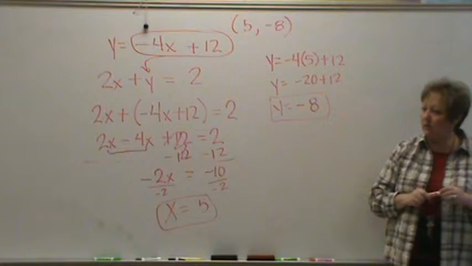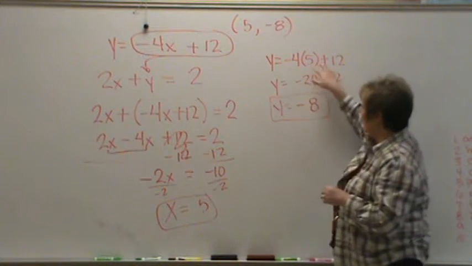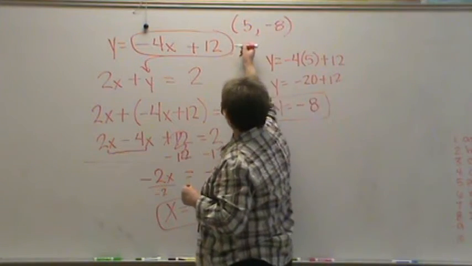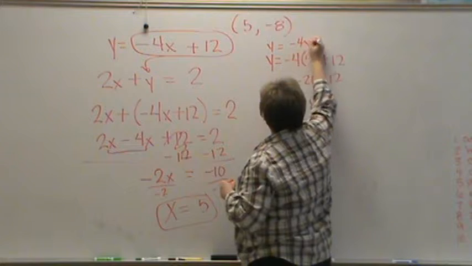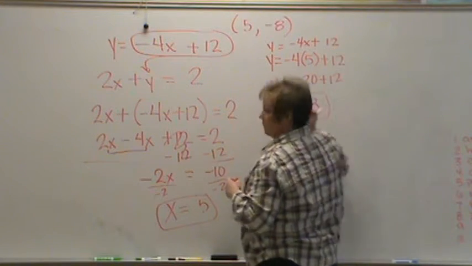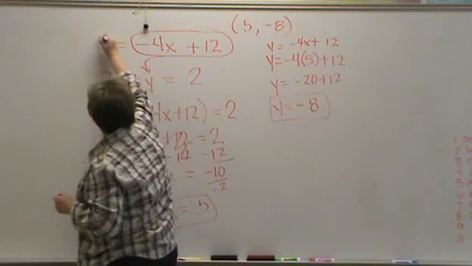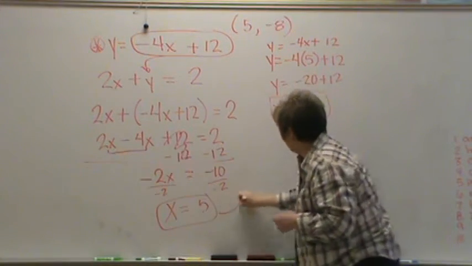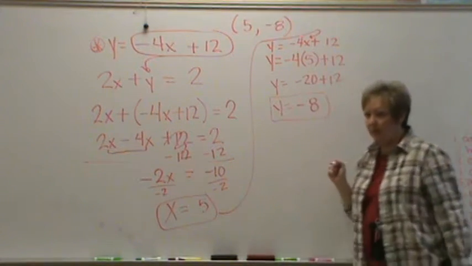I'm confused. Tell me where. Up here? Okay, I took this equation, y equals negative 4x plus 12, the first equation that I had. And I substituted 5 in place of x.